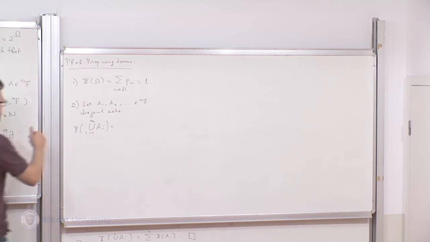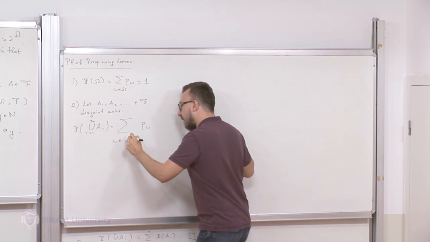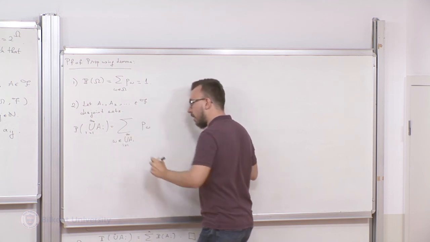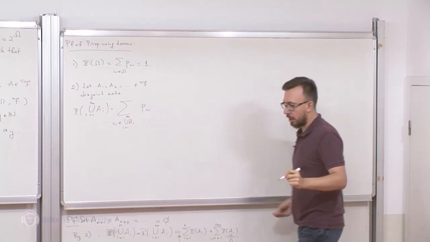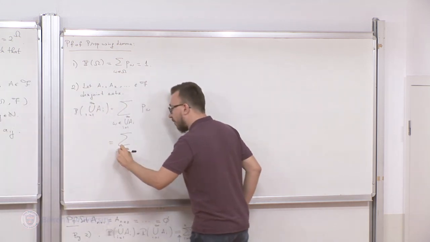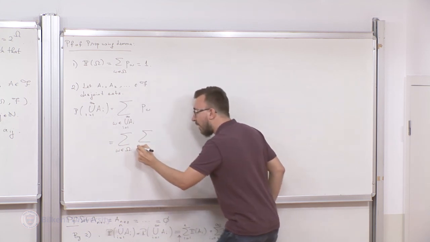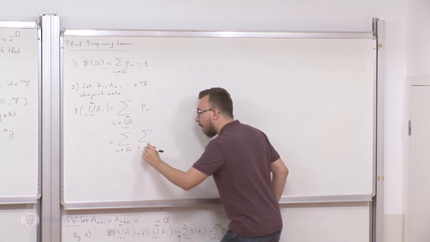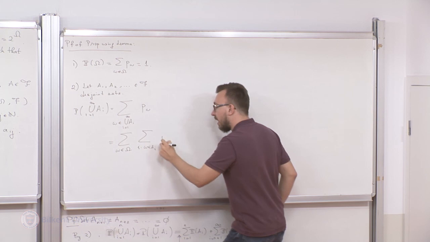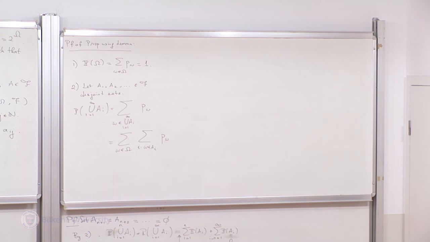First, let's apply the definition, sum of P omegas for which omega is in the union. Well, I can rewrite it as a sum over all omegas and an additional sum over the i's for which omega is in A_i. Because the A_i's are disjoint, omega can belong to only one of them.